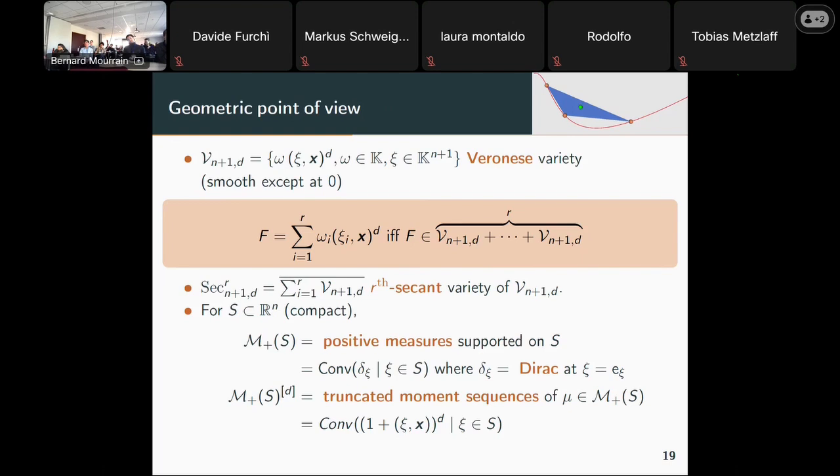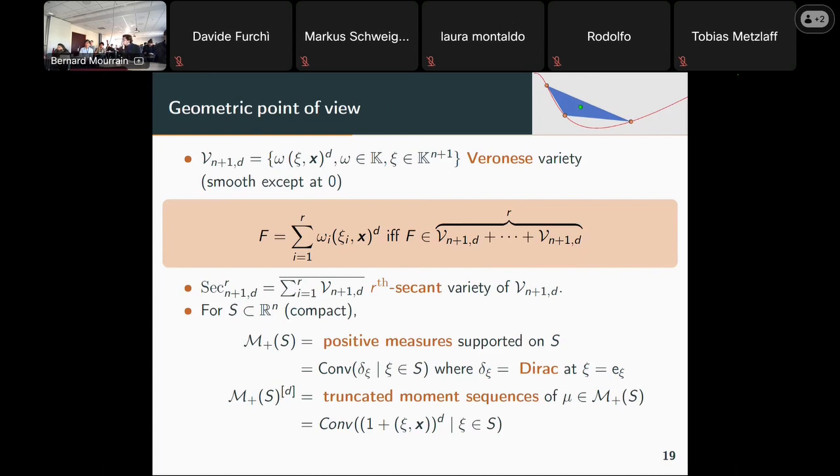When we consider the convex version, it's the same, but we take just a convex combination. Like here on this picture, we have a triangle, and we take a point inside the triangle. So it's a convex set made from these Diracs, or evaluations, or powers of linear forms.